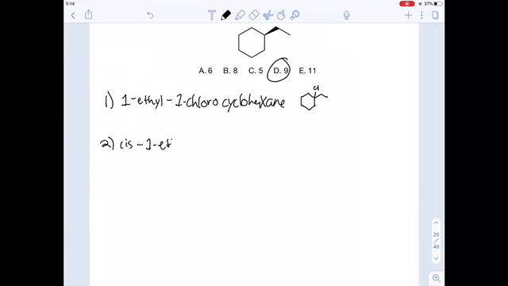Number 2 is going to be cis-1-ethyl-2-chlorocyclohexane, okay, just checking my spelling. So that's going to look like this.